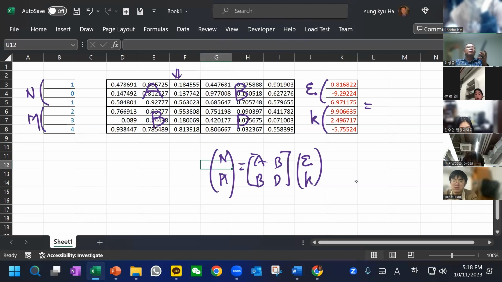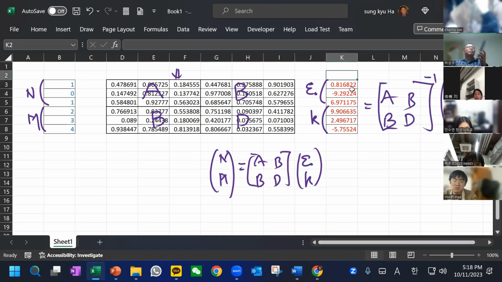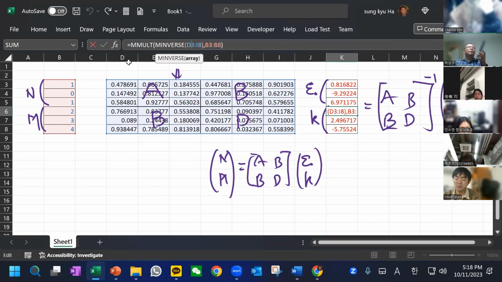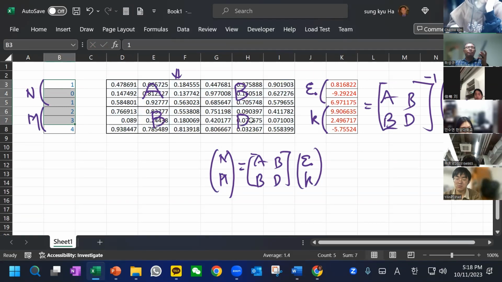This one is simply the inverse times the N and M. That's exactly what I wrote here: the inverse of this matrix, and then multiply. Inverse and multiply, we get this one. So again, the load will be given.